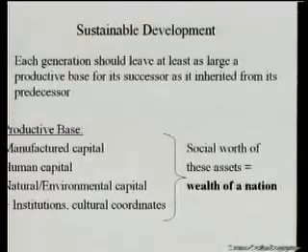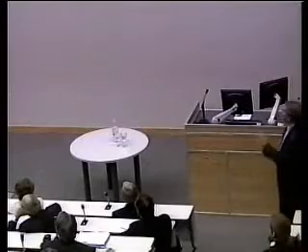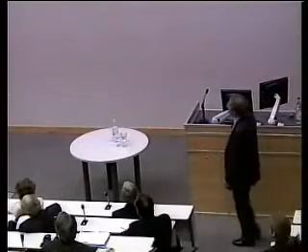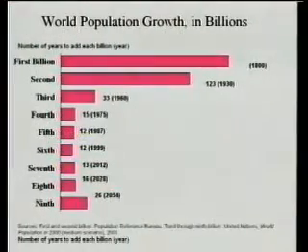So I've now dealt with sustainable development in the economic terms that I would like to, and I'm going to move on to population growth. Now what we see here is the spectacular shortening through the 20th century of the timescale over which we have added 1 billion people to our world's population.